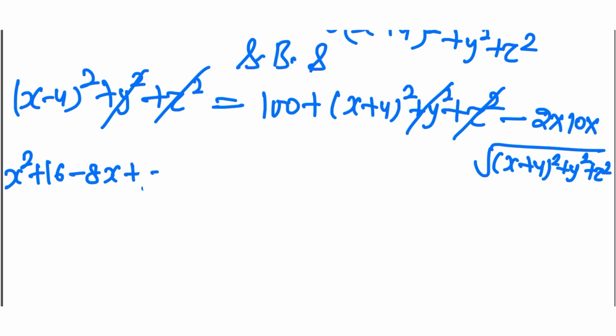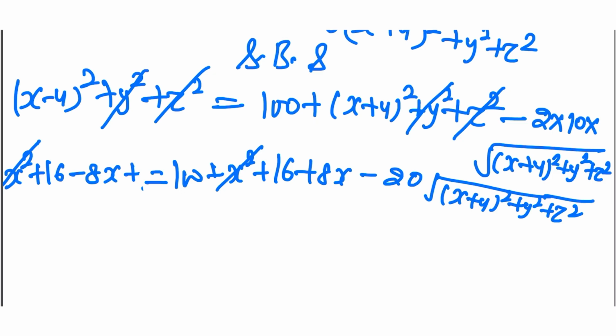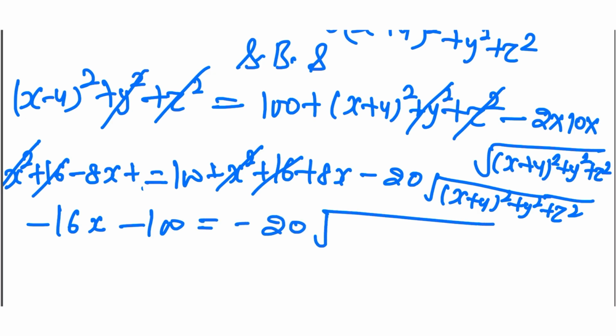Now shifting, it is equal to 100 plus x square plus 16 plus 8x minus 20 into square root of (x plus 4) square plus y square plus z square. So x square is also going to be cancelled. Shifting 16 is to be cancelled. Shifting 8x, so it is minus 16x minus 100 is equal to minus 20 root of (x plus 4) whole square plus y square plus z square.